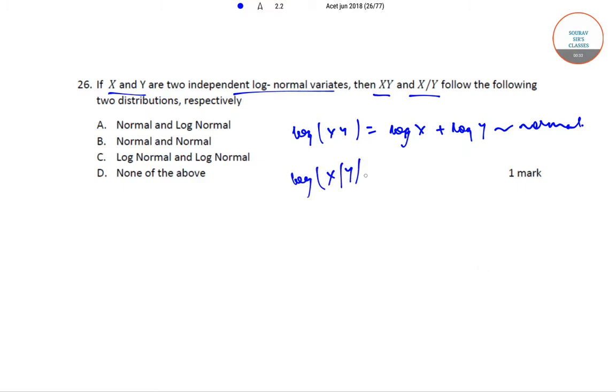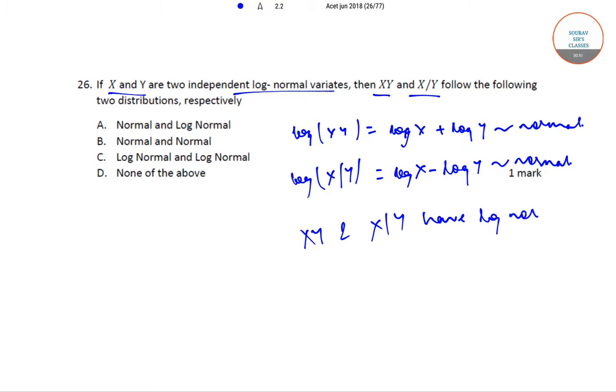Likewise, log x by y is log x minus log y. This will again follow normal distribution. Thus, both xy and x by y have log normal distribution. So option C is the correct answer.